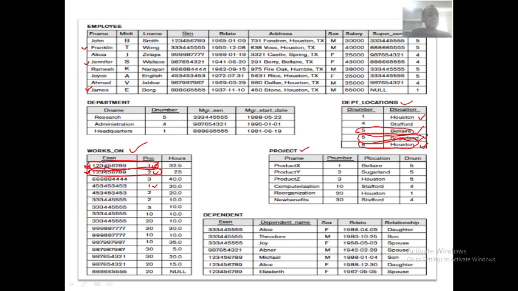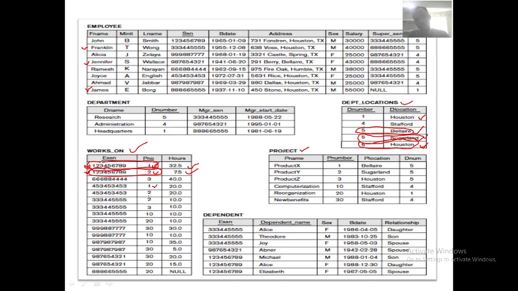Whenever, both values should be considered. So John Smith, working in project number 1, worked for 32 hours. And the same person for project 2 works for 7.5 hours. Like this, all the entries will be here. Is the works on table understood?